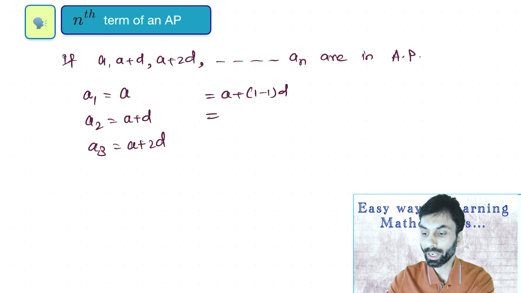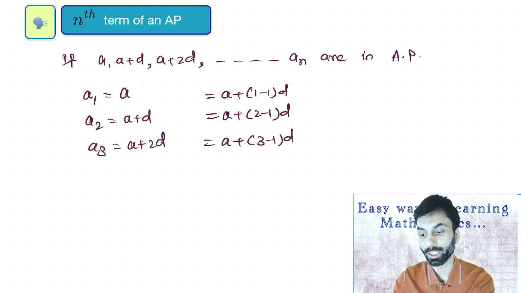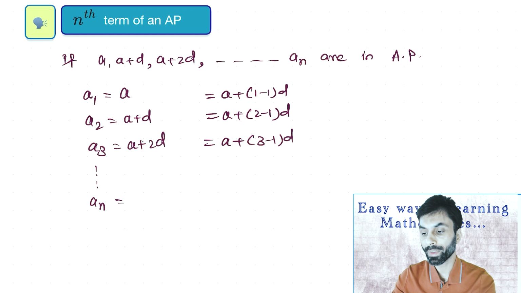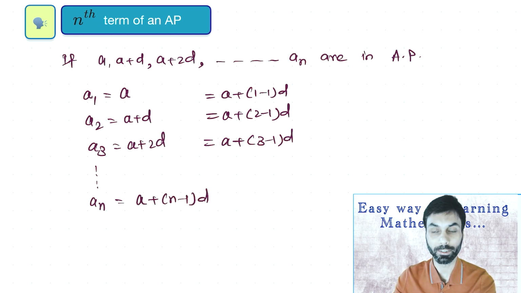Second term, we can write as a plus (2 minus 1) into d. Third term, we can write a plus (3 minus 1) into d. So what we see here is, for any term, it is a plus (number of term minus 1) multiplied by the common difference. So if we want to find an, then it will be a plus (n minus 1) into d.